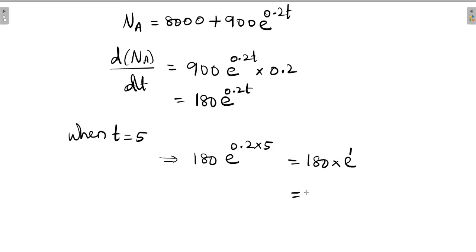This value is 489.29072991. Writing it to three significant figures, 489. This is the first part of the answer.